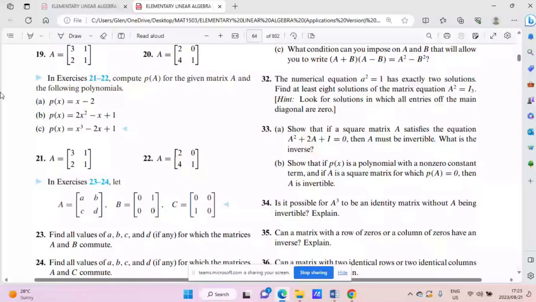Then we subtract 2 multiplied by the identity 1 0 0 1. So 2 times 1 is 2, 2 times 0 is 0, 2 times 0 is 0 again, 2 times 1 is 2. Then I'm subtracting the two matrices: 2 minus 2 is 0, 0 minus 0 is 0, 4 minus 0 is 4, 1 minus 2 is minus 1. Yes, that's what I got.